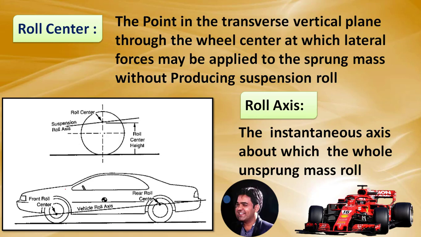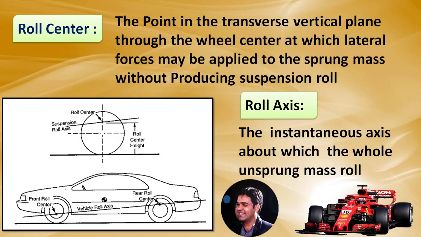That means whatever loads and forces are acting on the sprung mass, and whatever forces are transferred with the help of the sprung mass, can be carried by the suspension system. But what about the unsprung mass present in the vehicle? Roll center analysis is quite helpful to analyze the lateral forces which are produced at the tire contact patch and transferred towards the sprung mass.